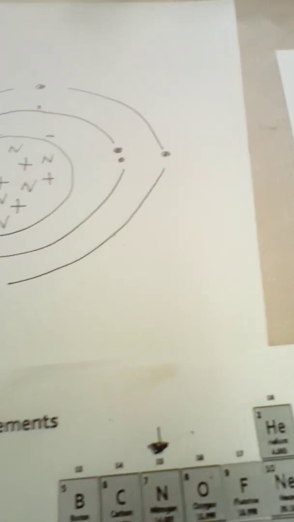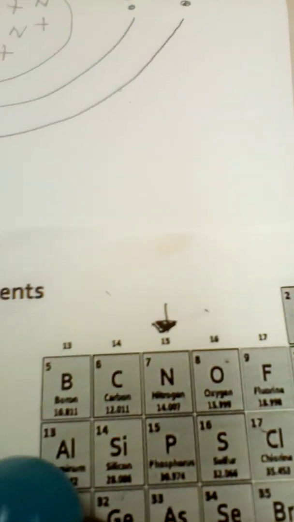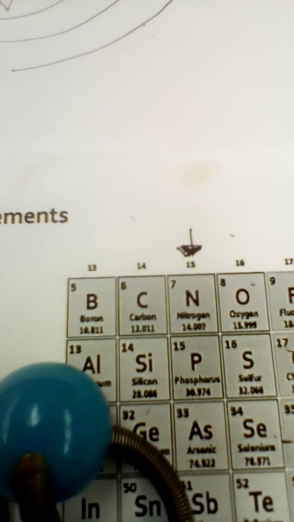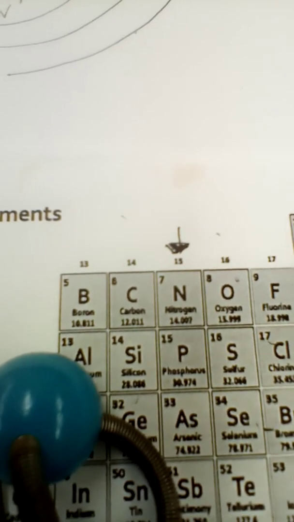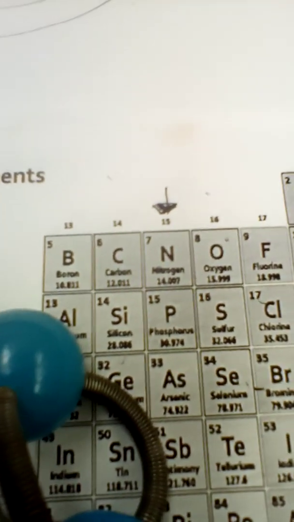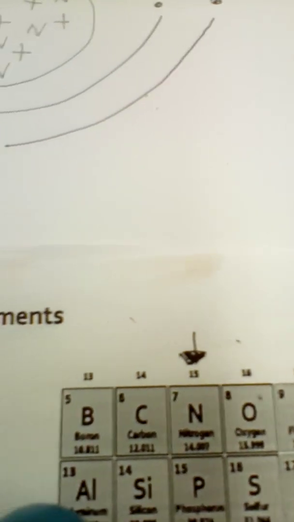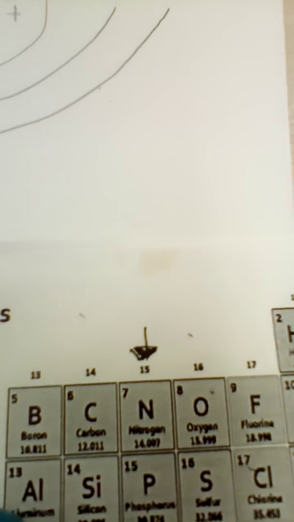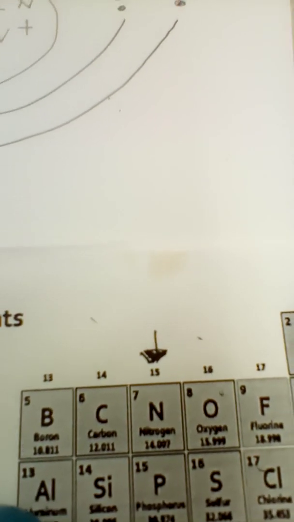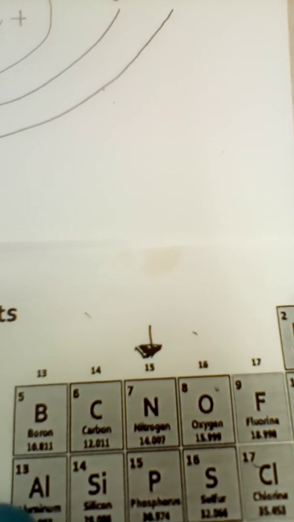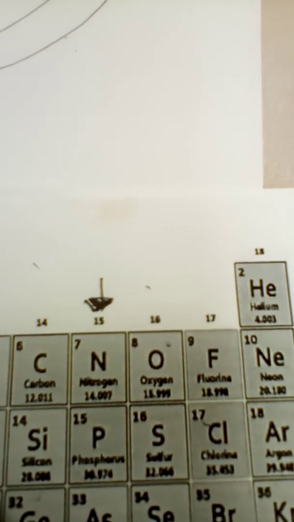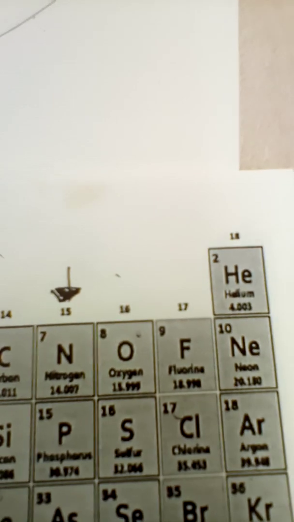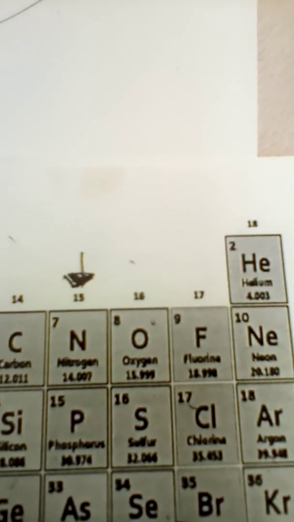So let me ask you a couple of questions here. How many electrons in the outer shell of phosphorus? You're probably going to say 5, because it's in the same group as nitrogen. How many shells would carbon and oxygen have? Same period as nitrogen, therefore 2. You go down to chlorine, Cl. How many electrons in your outer shell?